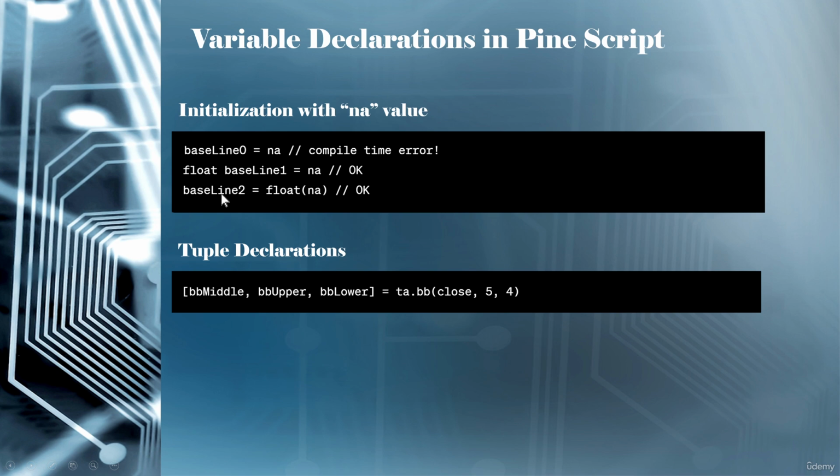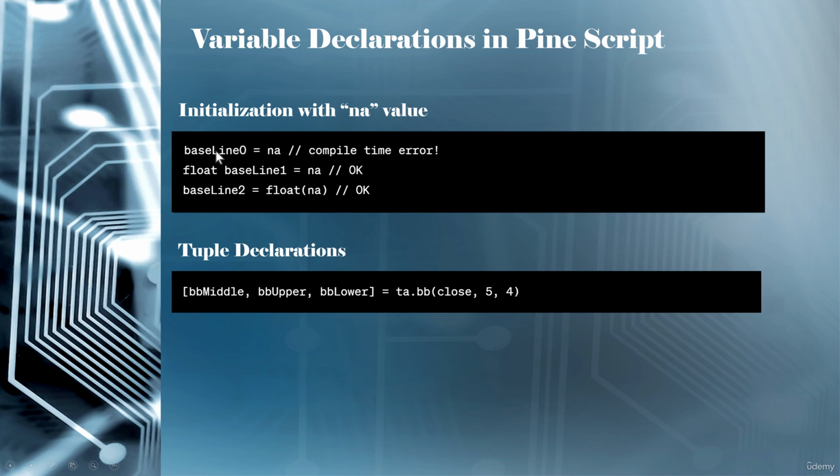We could just specify the variable name, equal, and float and NA in braces. This expression returns type of float, but value is NA.